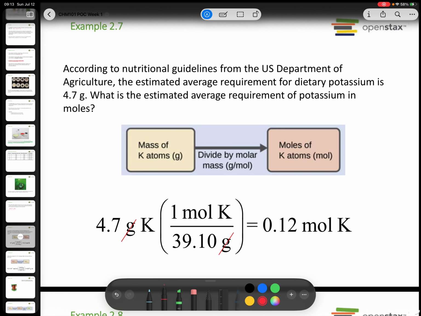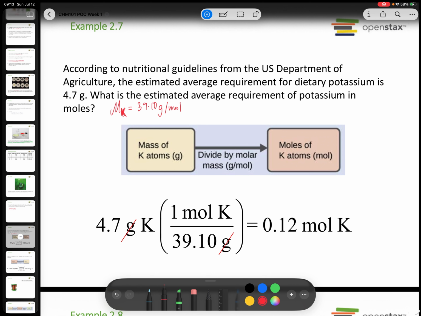So, what's the molar mass of potassium? So, molar mass of potassium, actually nakasulat na dyan, is around 39.10 grams per mole ng potassium. Molar mass ng potassium, yung K yung potassium dito.